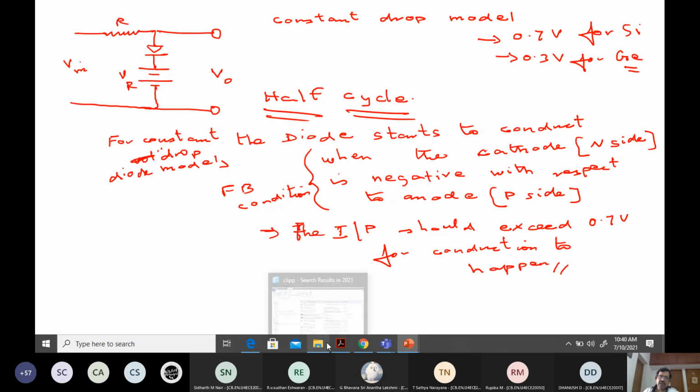Okay, so we'll have to think very slowly and carefully here. What happens in the positive half cycle? I wrote half cycle, I should have written positive half cycle. In the positive half cycle, this will be positive and this will be negative.